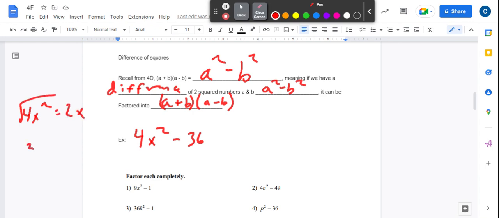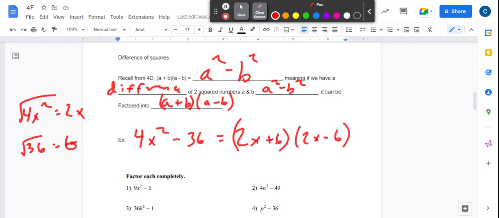And if we took 36 and square rooted it, it would be 6. Because those two numbers are squares, we could take the square roots and then just add them and subtract them. So 4x squared minus 36 really becomes 2x plus 6 times 2x minus 6. And that's that.